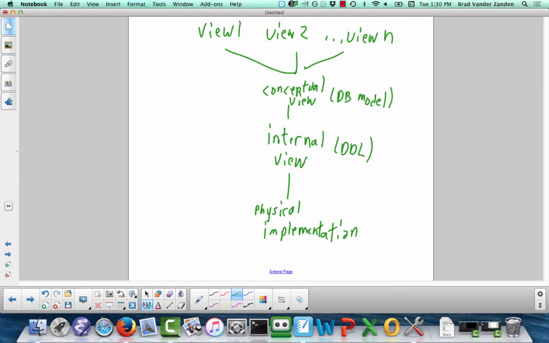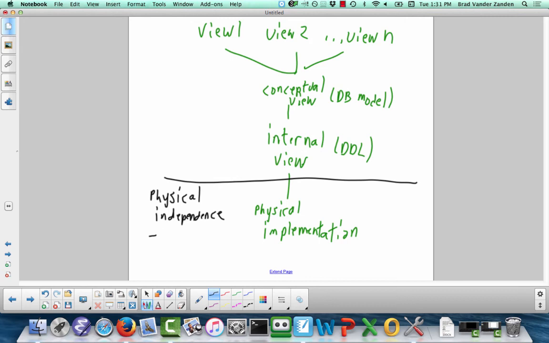Okay, so a database gives us independence among these different levels, which is very nice. First of all, there is this independence between the physical implementation and the internal view. We call this physical independence. It means that if we change the physical implementation, we don't have to change the software on top of it, like the queries.